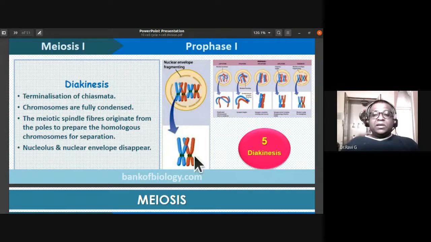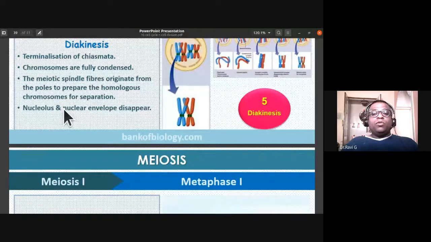The chromosomes are fully condensed. The meiotic spindle fibers originate from the poles to prepare the homologous chromosomes for separation, and the nucleolus and nuclear envelope disappear, as is seen in all prophase stages.